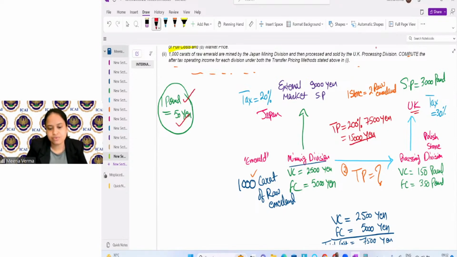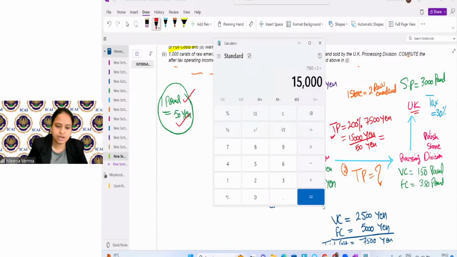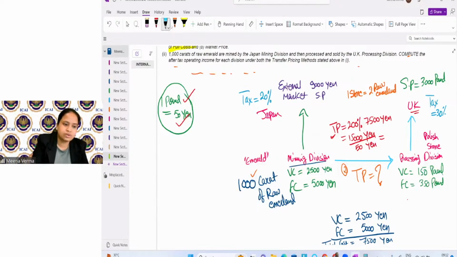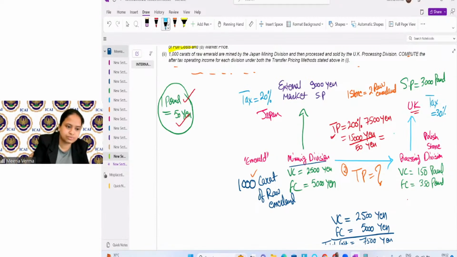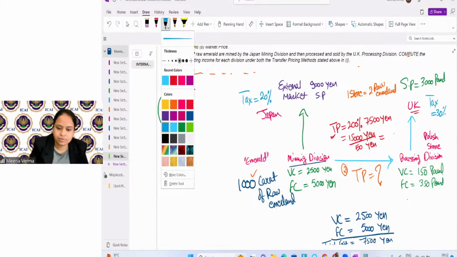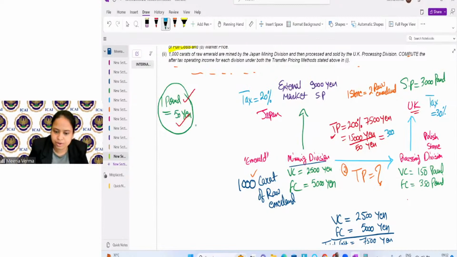So divide it by 50 yen, and you will get the transfer price in pounds. So 15,000 divided by 50 is 300 pounds. £300.